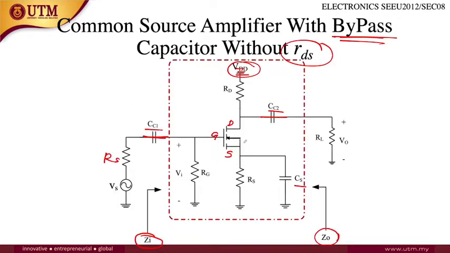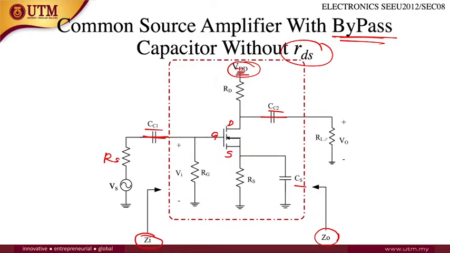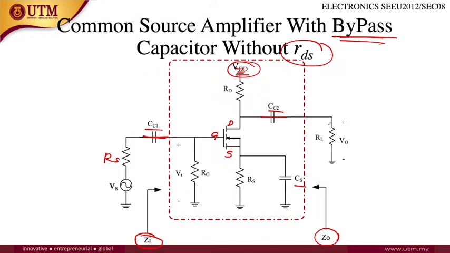So gm VGS means that the current flowing between drain and source is controlled by the VGS voltage. And then RL, the load resistance, is located here, parallel with RD, and the output voltage is at the load resistance.